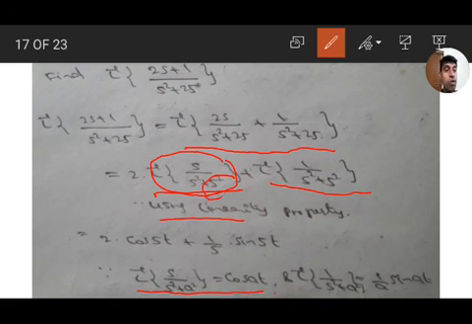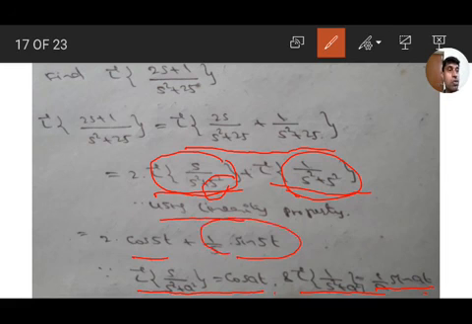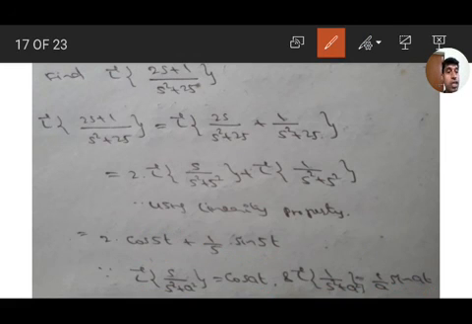Here a equal to 5, therefore cos 5t. Next, L inverse of 1 by (s square plus a square) is 1 by a sin at, a equal to 5, so 1 by 5 sin 5t. So on simplification, the final answer is 2 into cos 5t plus 1 by 5 sin 5t.